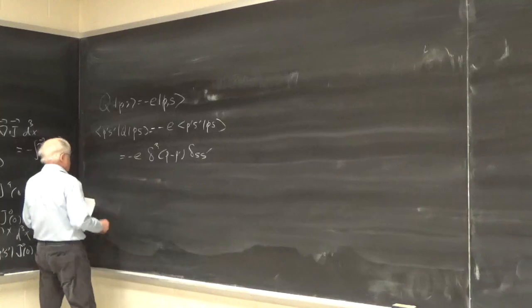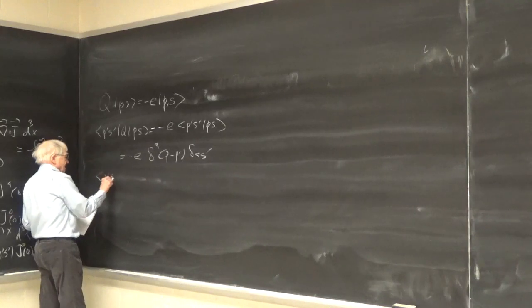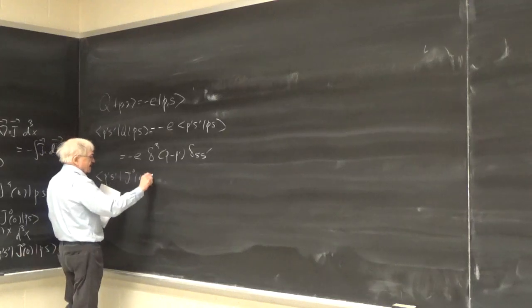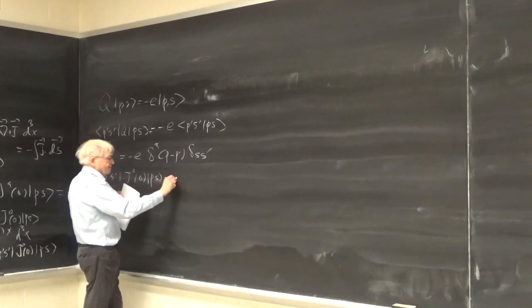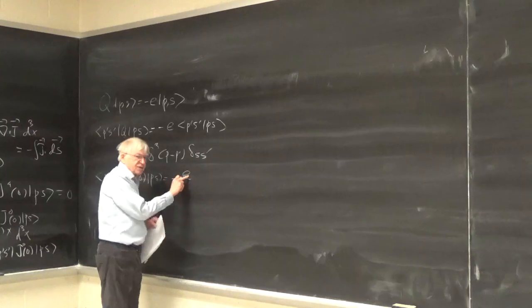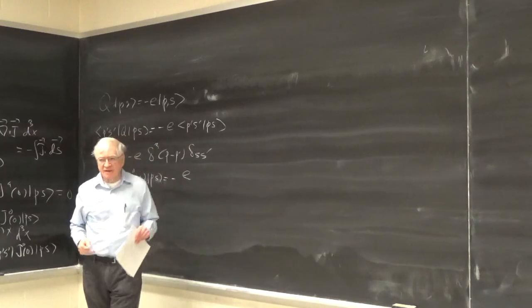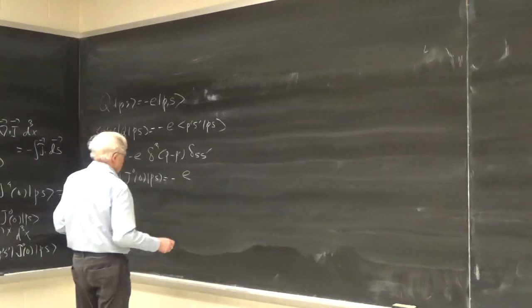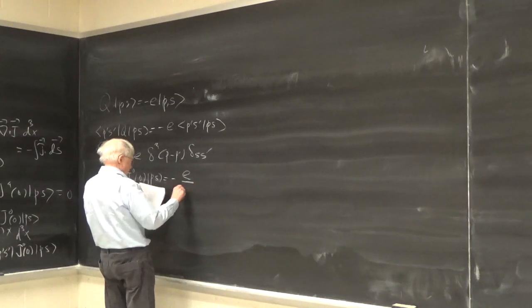And this all goes to show then that the matrix element ⟨P'S'|J^0(0)|PS⟩ is minus e, by the way, e is positive in Weinberg's three volumes. It's the charge of the proton, not the charge of the electron.